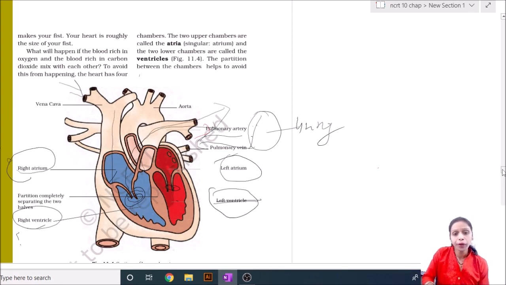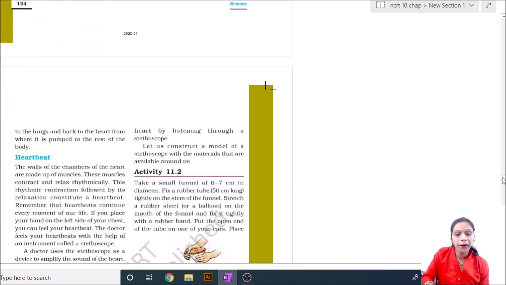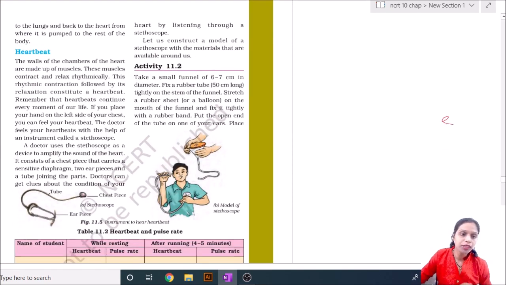Now, heartbeat. Whenever you want to feel the heartbeat, you take your palm and put it on your chest. Then what you feel is a beat, the heart is beating.